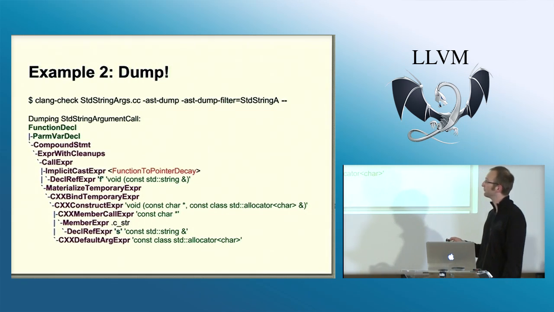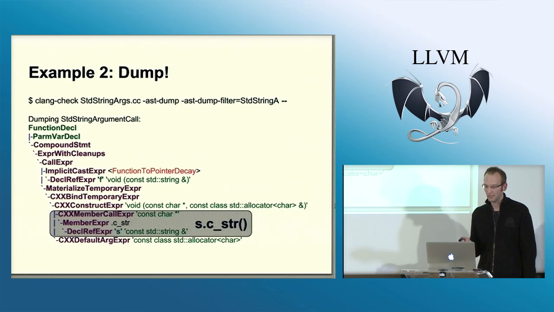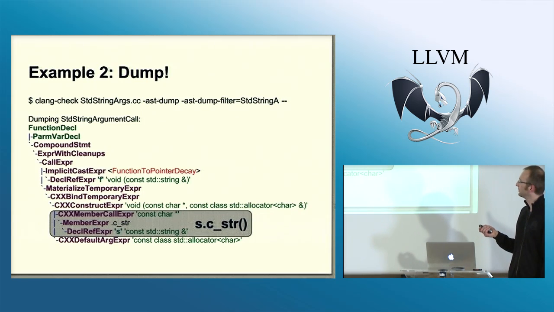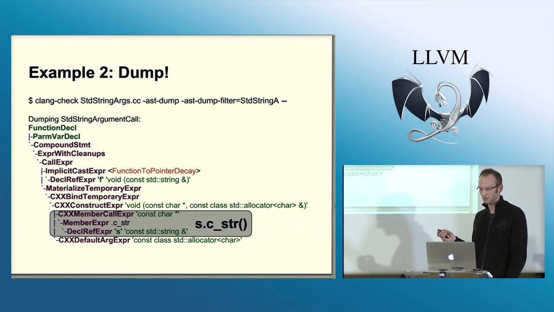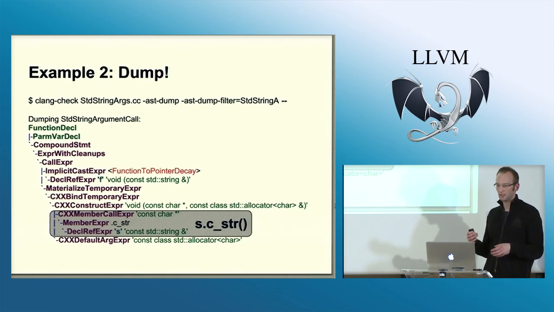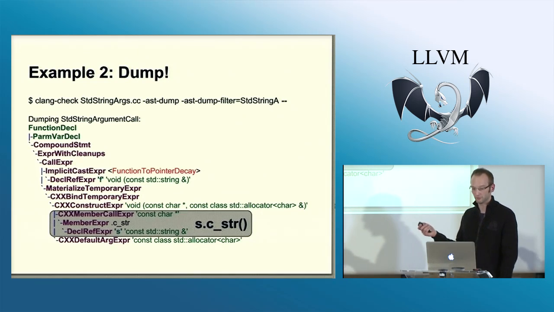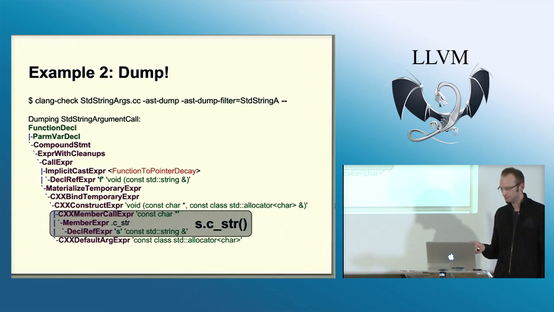So let's look from the inside out what is there, right? First, we have the call to .c_str in the innermost call, right? And that's a CXXMemberCallExpr, right? And the .c_str is a MemberExpr, and it's on the variable s, which is a declaration reference, DeclRefExpr.